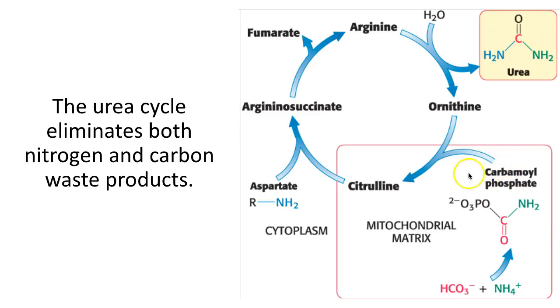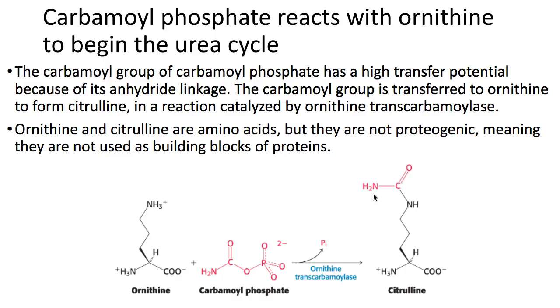So now we have this carbamoyl phosphate group. We need to talk about how it reacts with the ornithine to create the citrulline. What happens is you have another enzyme called ornithine transcarbamylase.